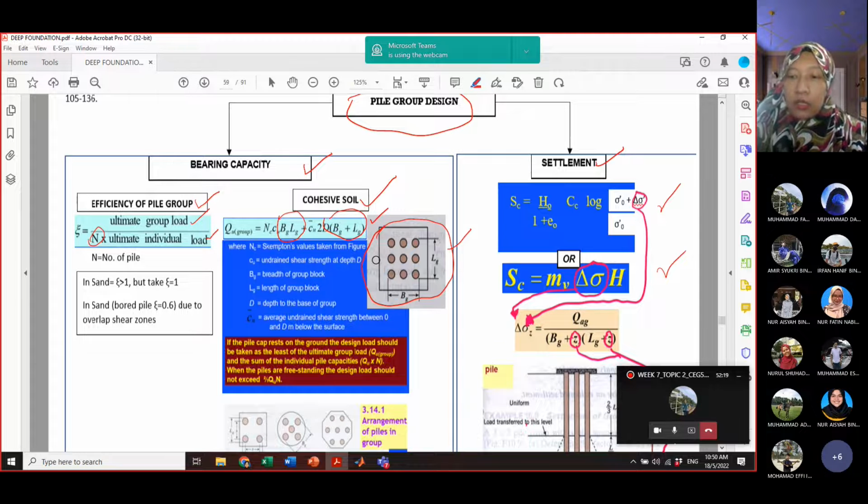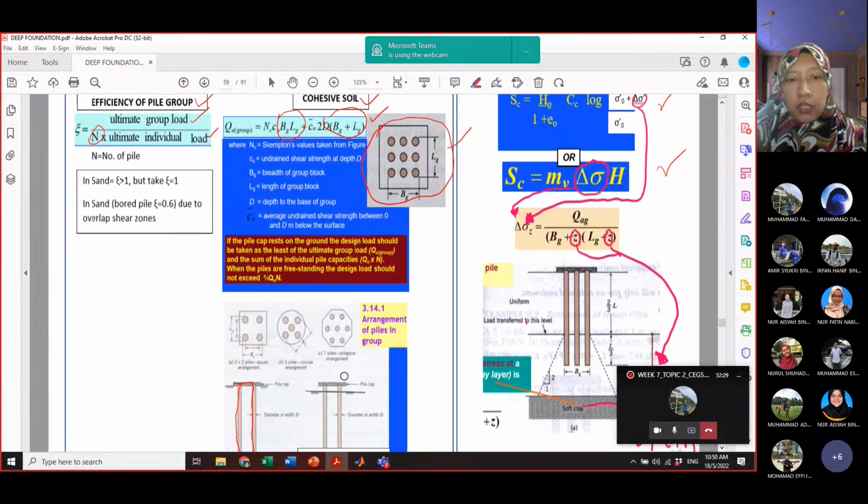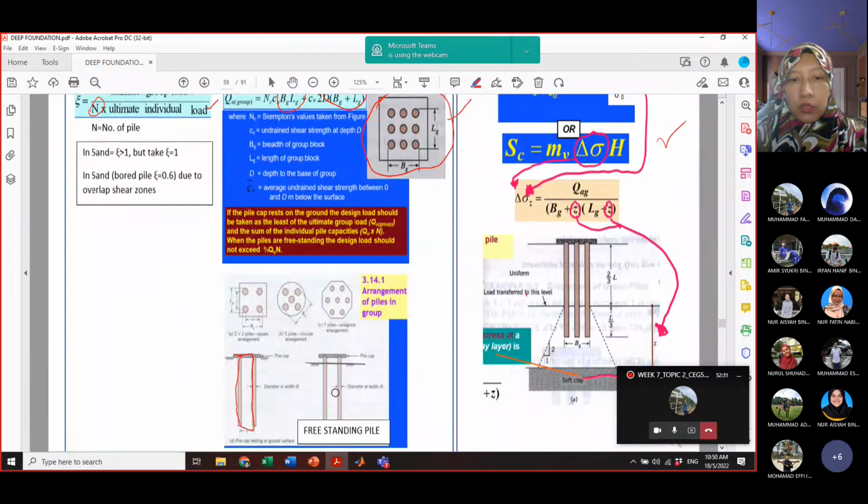Pile cap tu nanti dia ada some concept or idea how the arrangement of pile can be constructed in a pile group. Contohnya kat sini dia bagi some idea kalau kata pile you in the freestanding ataupun pile you dalam keadaan fully embedded or somehow others yang berada dekat permukaan.